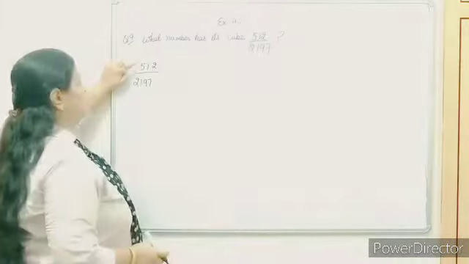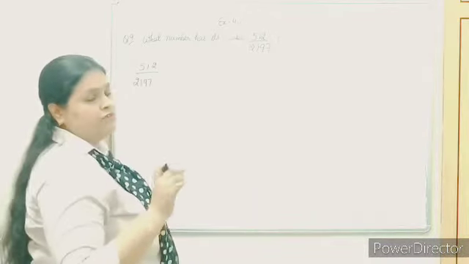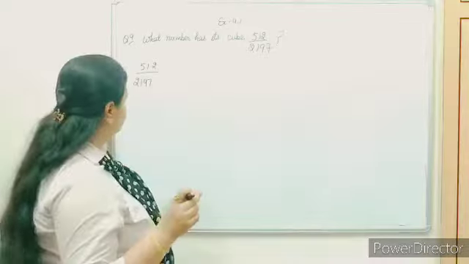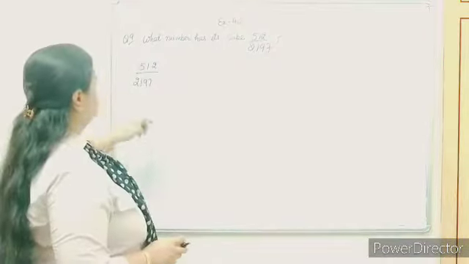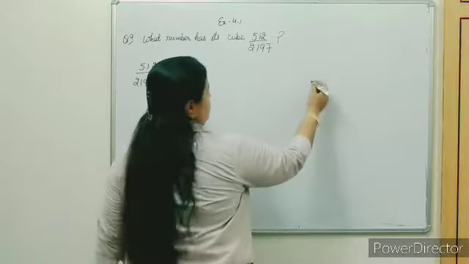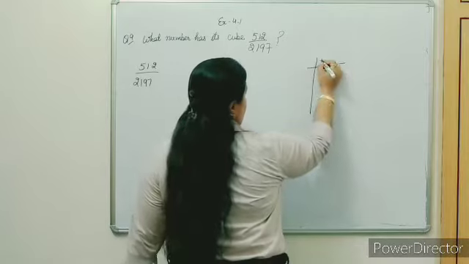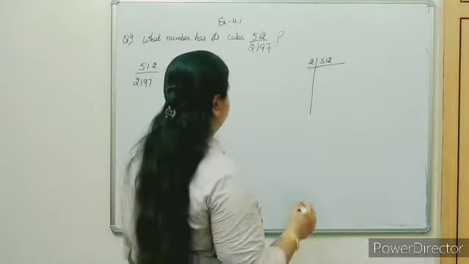We will do the prime factorization of the numerator and the prime factorization of the denominator. Then we will make groups of identical factors and then we will find 512 by 2197 is the cube of which rational number. So first of all the numerator, 512, start prime factorization of it.